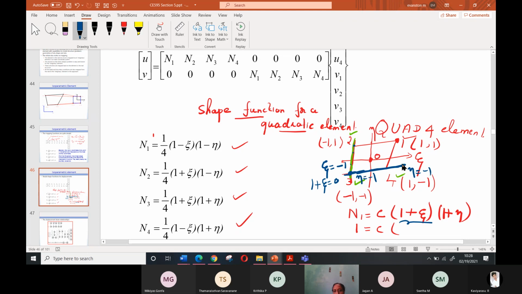So this line is eta equal to -1. This line covers nodes 3 and 4, and this line covers nodes 2 and 3. So that's why I have written eta is equal to -1, so eta plus 1 is equal to 0. That I have substituted here, and this I have substituted here. So 1 plus xi into 1 plus eta.